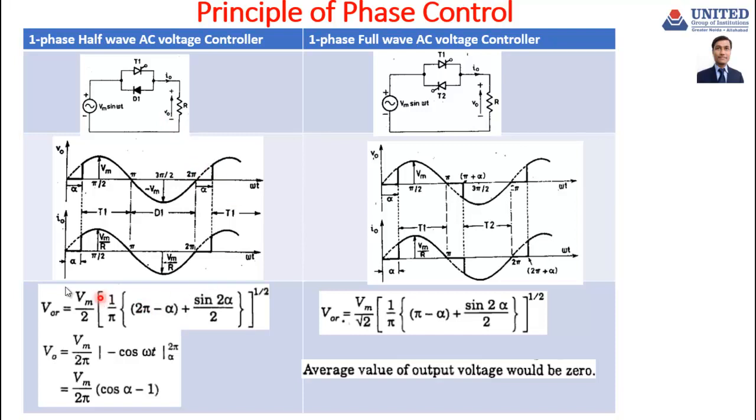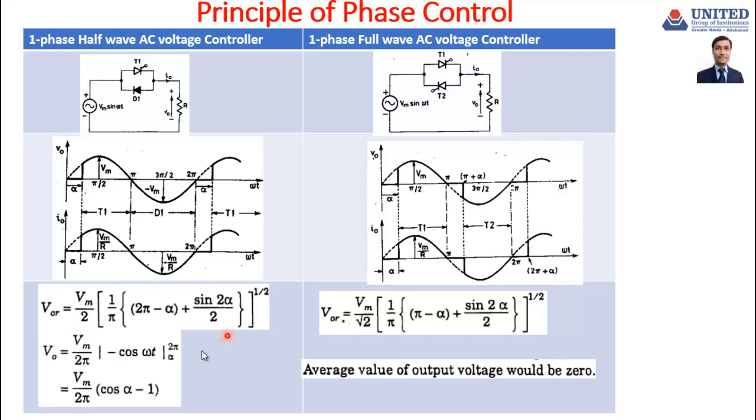Now the RMS value of output voltage can be calculated from the output voltage waveform. We get Vm by 2 times the square root of 1 upon pi times (pi minus alpha plus sine 2 alpha upon 2).